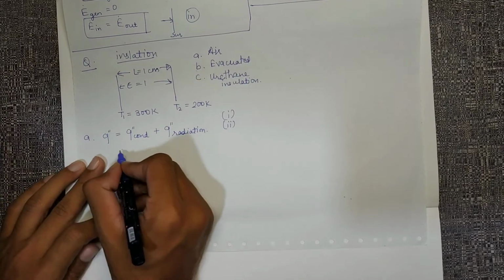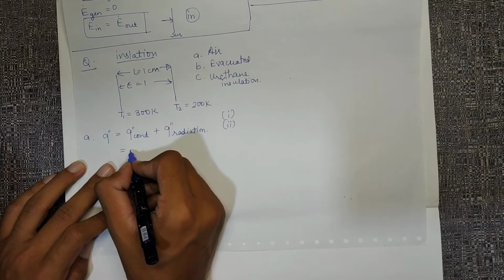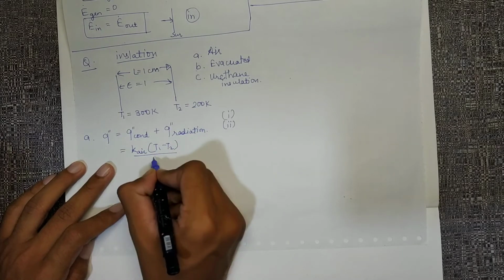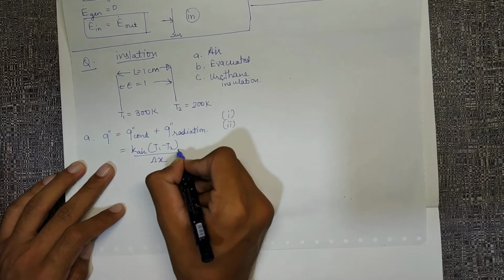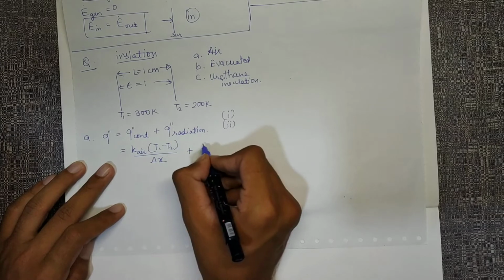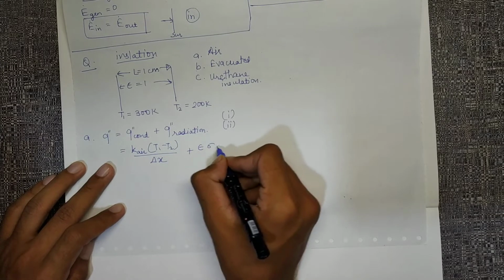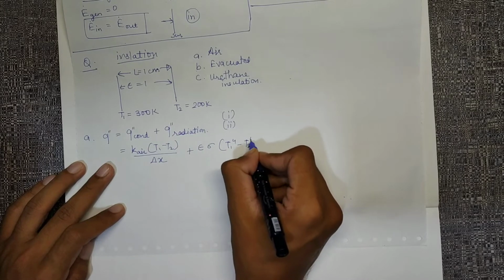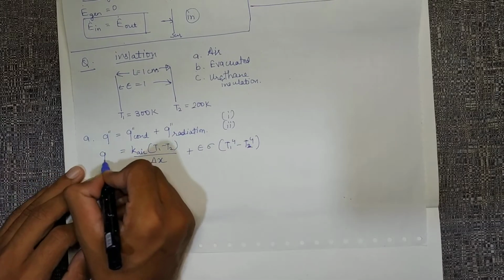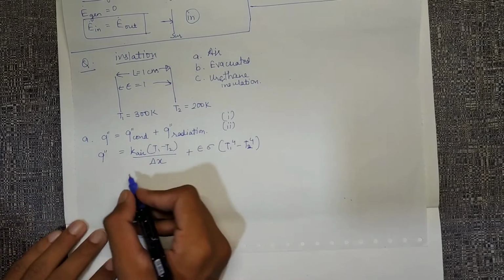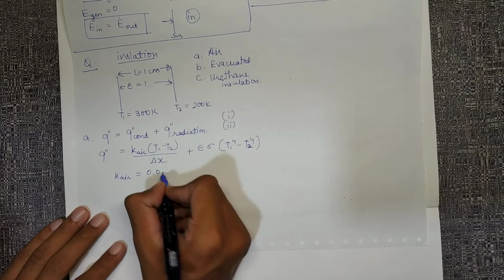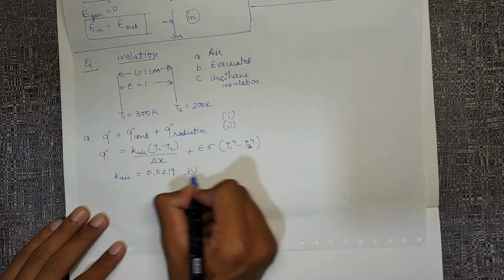Next, in the conduction part we'll have k of air times T1 minus T2 over the distance, plus for the radiation part we'll have sigma epsilon times T1 raised to 4 minus T2 raised to 4. That is the net flux. We'll use the value of k air as 0.0219 watts per meter Kelvin.